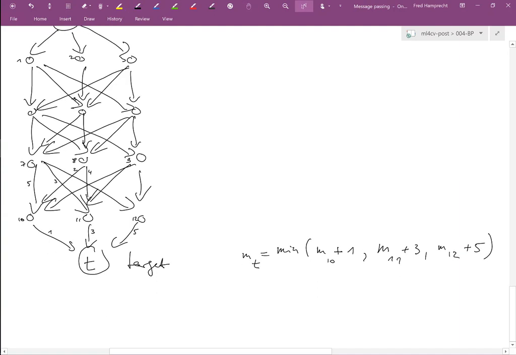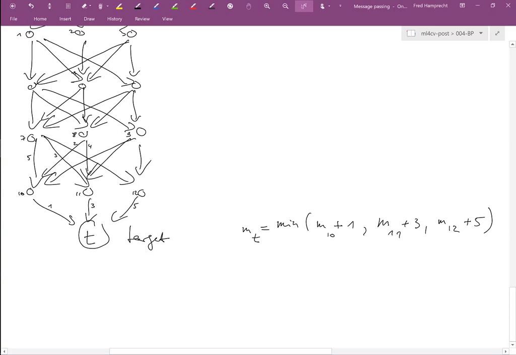So if M always means minimal cost, do we agree that this is the minimal cost of reaching T? These are the only possibilities of reaching T, and we know how to compute them given that the cost of a path is additive over the edges. Okay, fine. Then let's look at these things in turn. So I have M10 in there. I can reach M10 in 3 ways. Somebody?